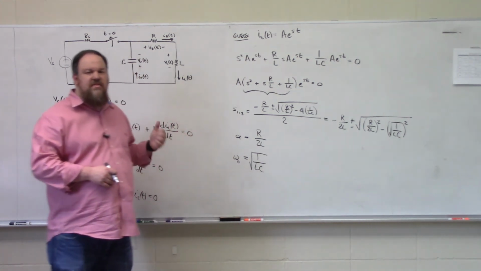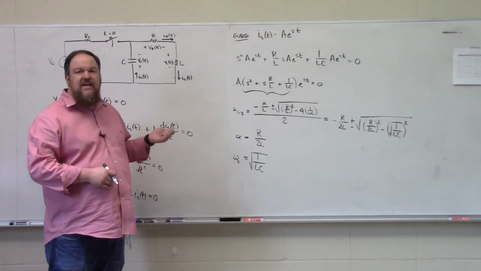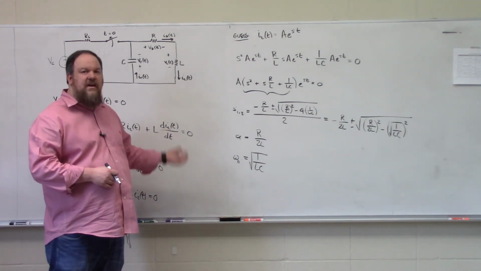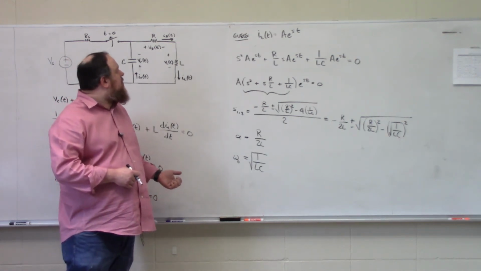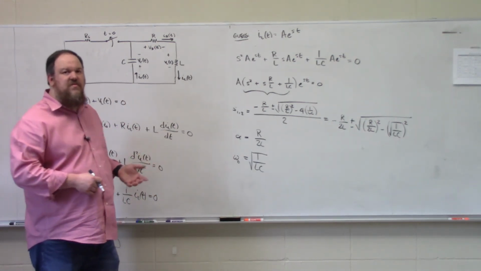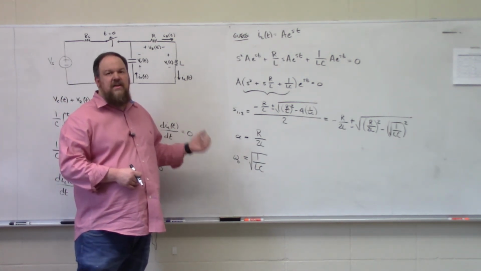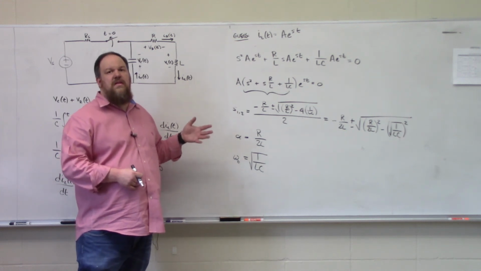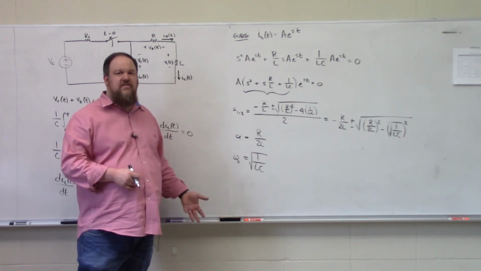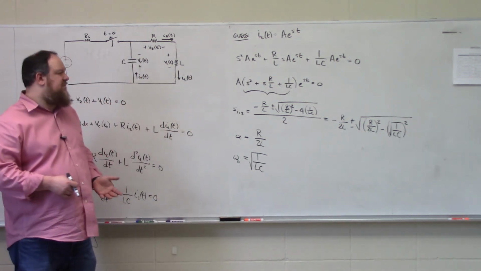So you'll determine whether it's critically damped, overdamped, or underdamped. Analyze the circuit at t equal to 0 minus. Analyze the circuit at t equal to 0 plus. And then, depending on what quantity you want to solve for, you'll use the inductor current and inductor voltage relationships to get you everything, or the capacitor voltage and capacitor current relationships in order to solve for everything, just like we did in the previous problem.